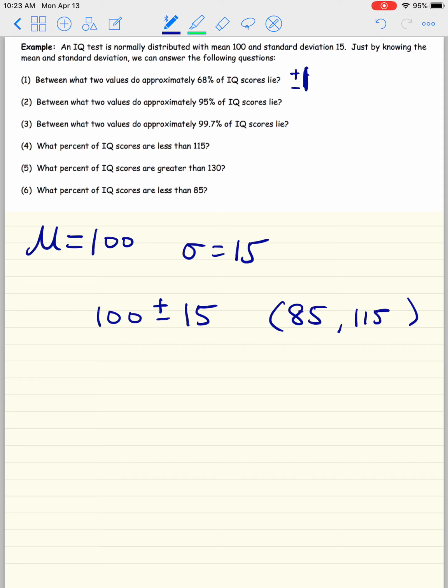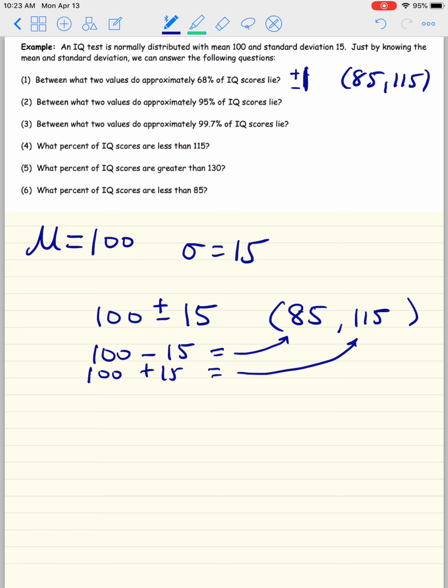Why? Because this says 100 minus 15. That gives you what we call our lower bound, and 100 plus 15, which is 115. Because 68% is one standard deviation away. So this answer is going to be 85 to 115.